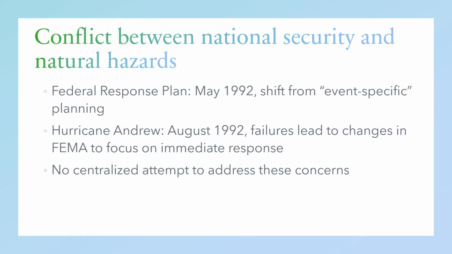Our plan is for a hurricane, our plan is for a tornado, our plan is for a fire. What they were trying to do at that point was put some broader cover around it, rather than having a plan designed simply for this event, another for this event, and another for this event. There should be some general principles that apply regardless of what the disaster is.